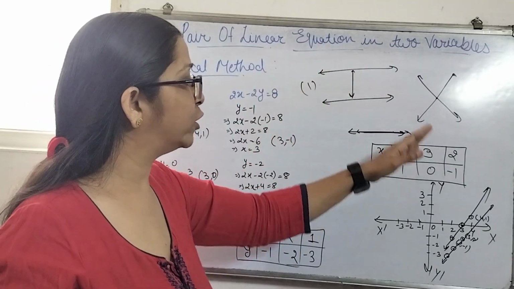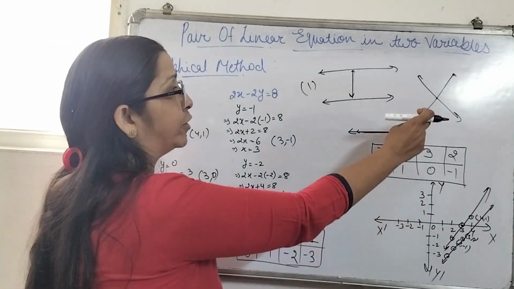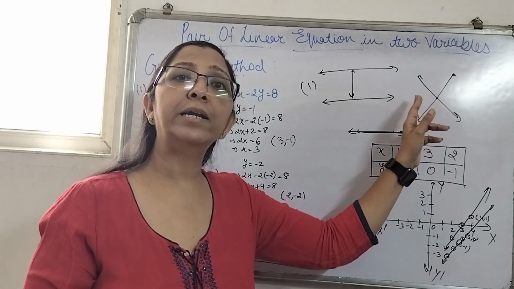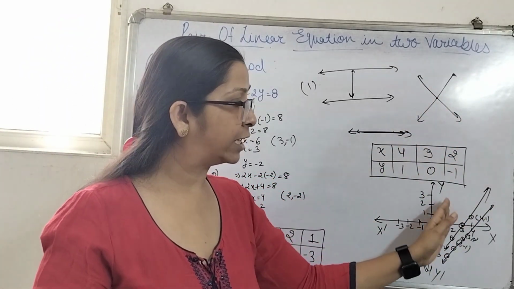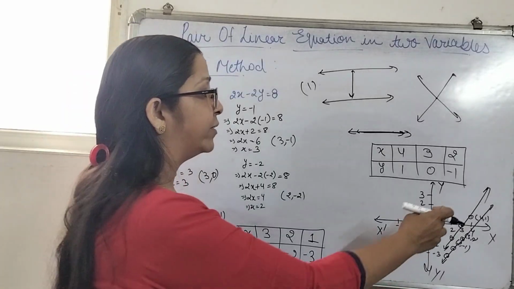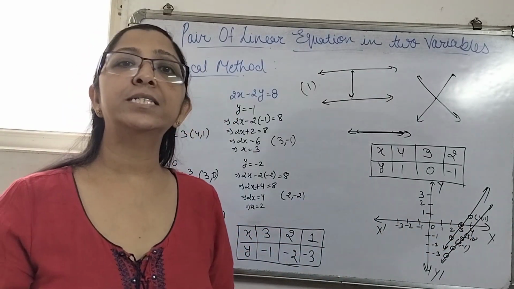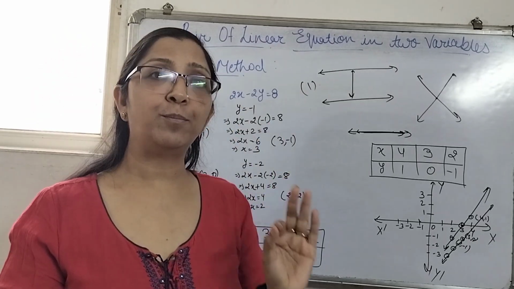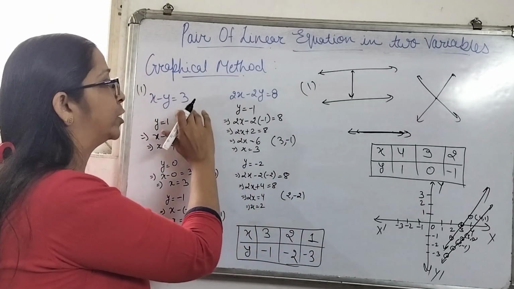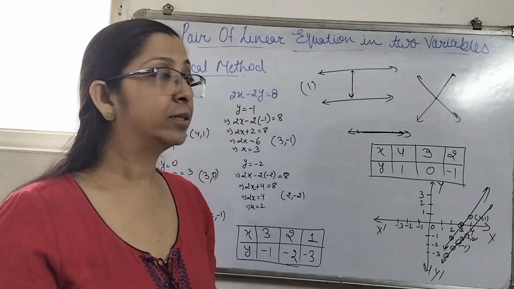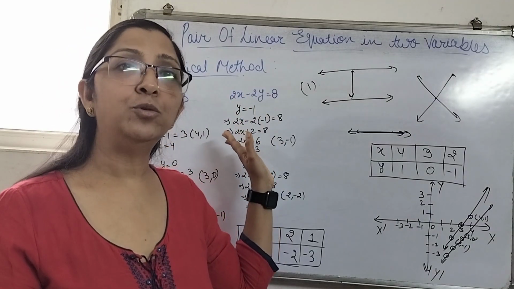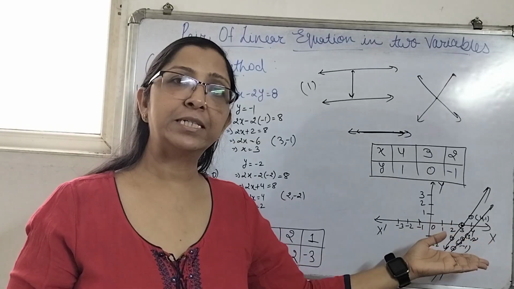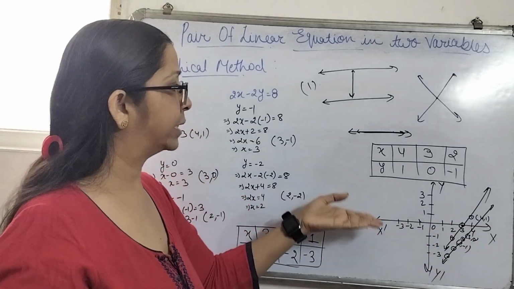If it is an intersecting line, then the point at which they intersect, when we plot it graphically, will give you the solution of these two equations. That point will be the point for which both the equations are true. That will be the solution of this pair of linear equations. And if they are parallel, obviously there won't be any solution. It will be inconsistent.